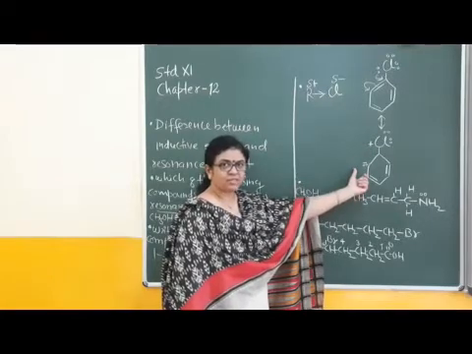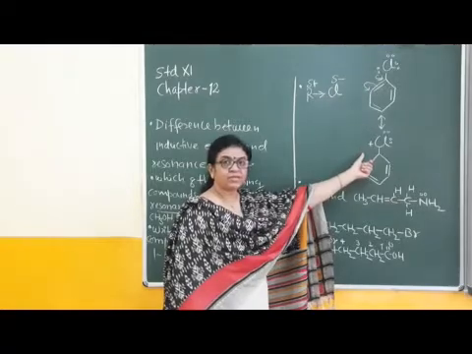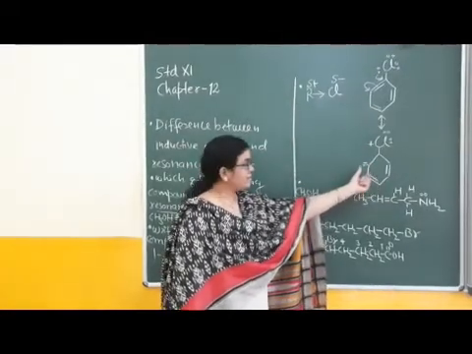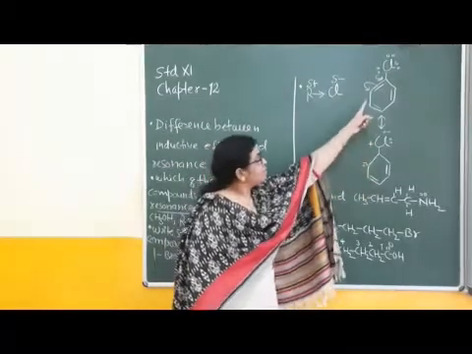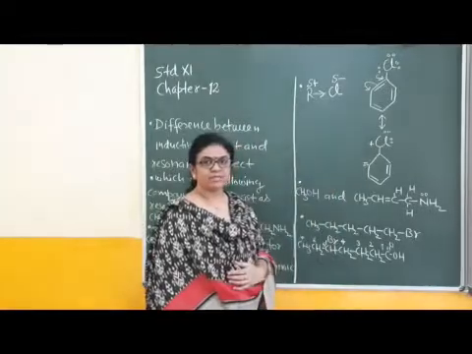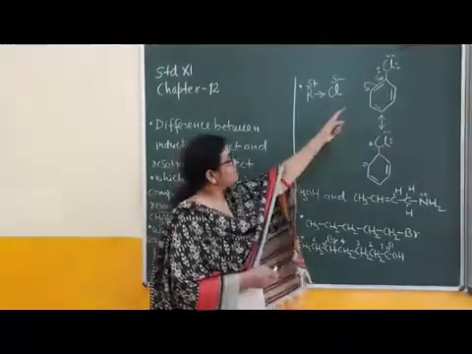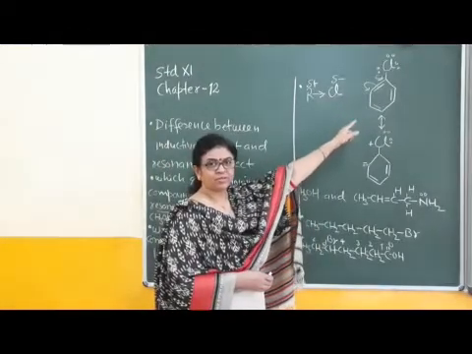At the ortho position, this halogen becomes positively charged, plus, due to decrease in electron density, and the ortho position of the benzene ring is negatively charged, minus, for this lone pair of electrons. There is conversion of pi electrons to a lone pair and formation of a new pi bond by the lone pair of electrons.